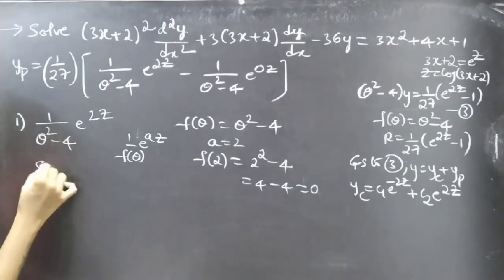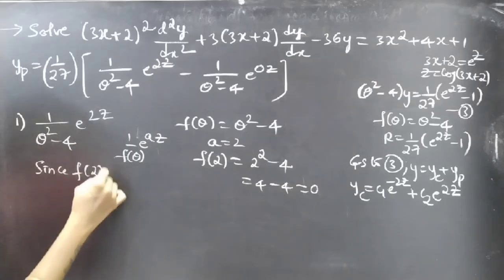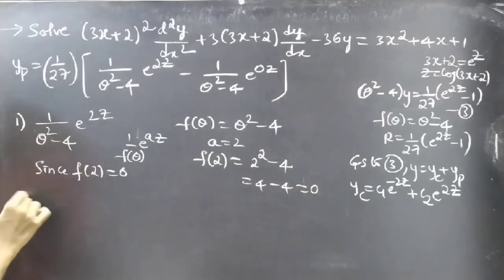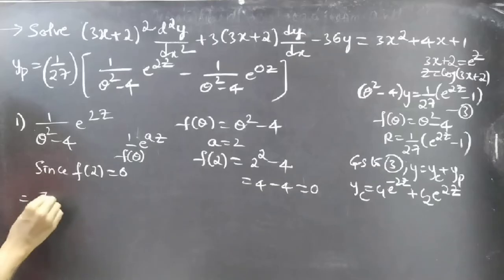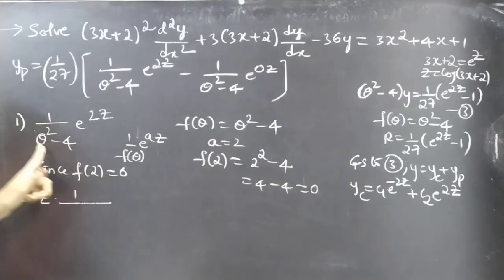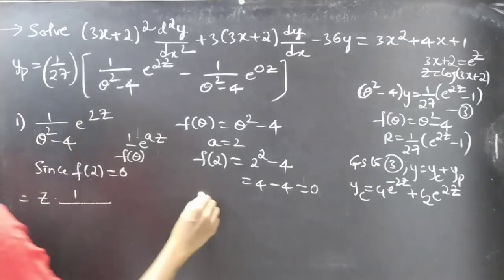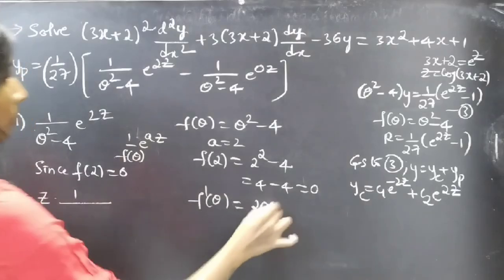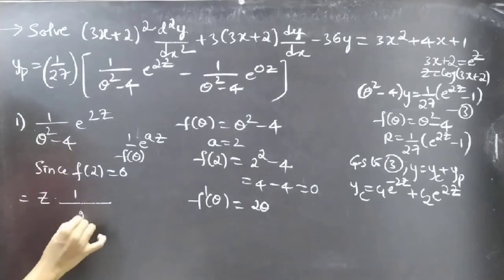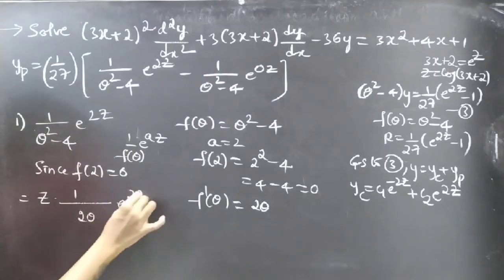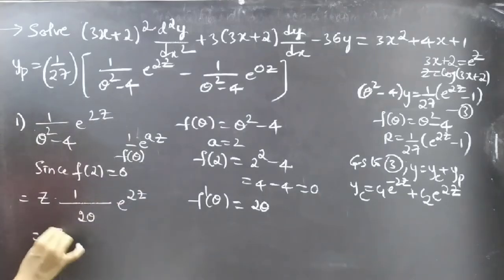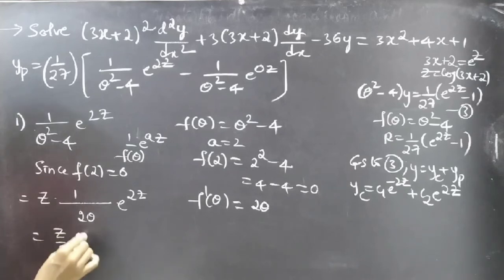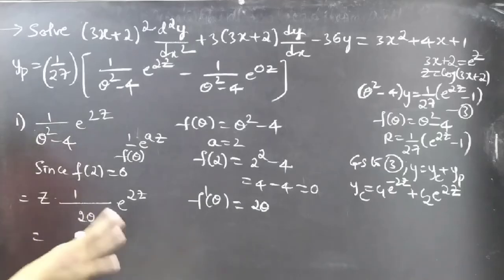Since f of 2 equals 0, we put 1z into 1 by the derivative of theta square minus 4. That is, we need to find f dash of theta, which is 2 theta. So we'll get z into 1 by 2 theta into e power 2z.